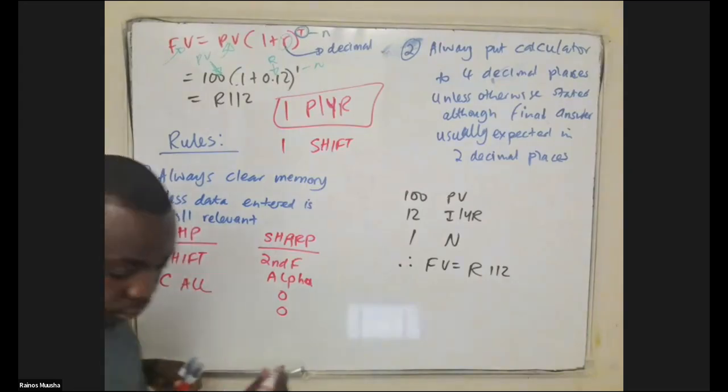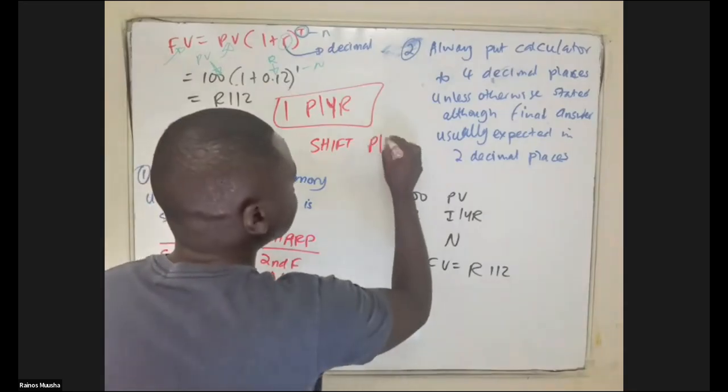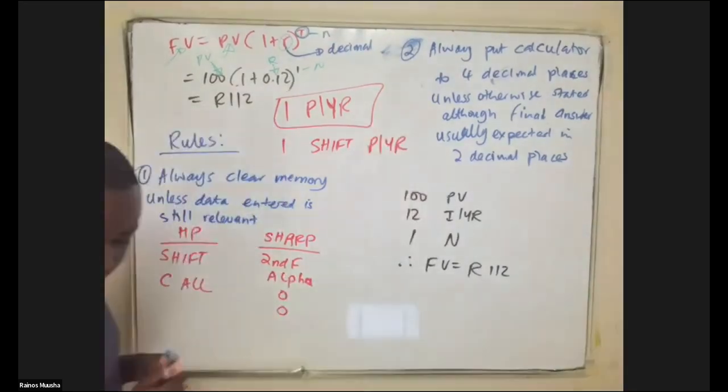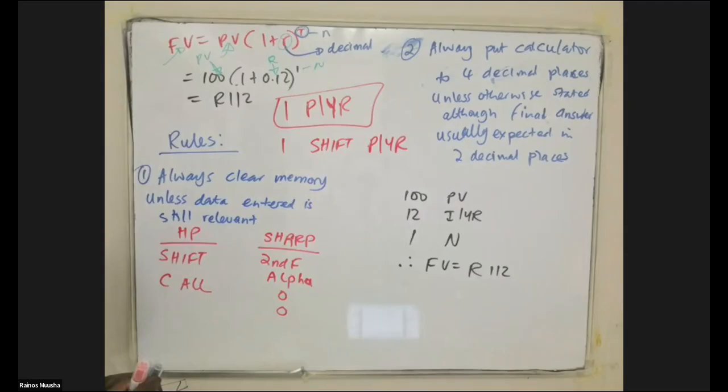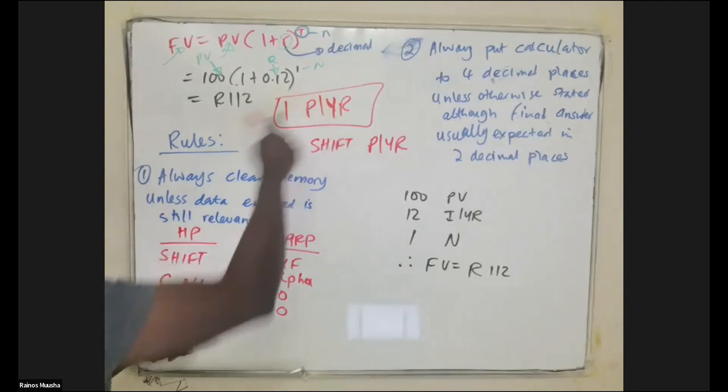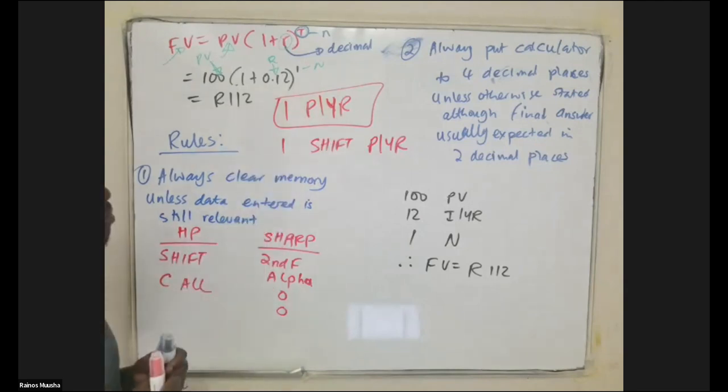You see that button which says P/YR. That button is exactly where PMT is, the other function below PMT. So that when you clear your memory, it should always indicate 1 P/YR, not 12. If you do the calculation again, you should be able to get the answer correctly. Can you try it and let's see if you get it right?